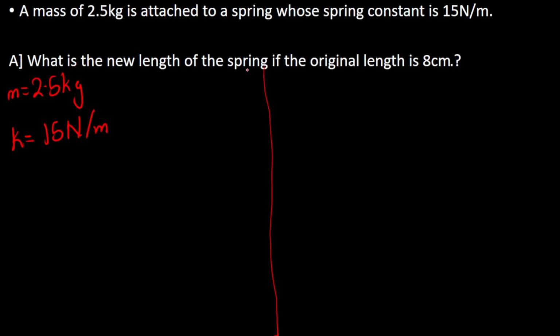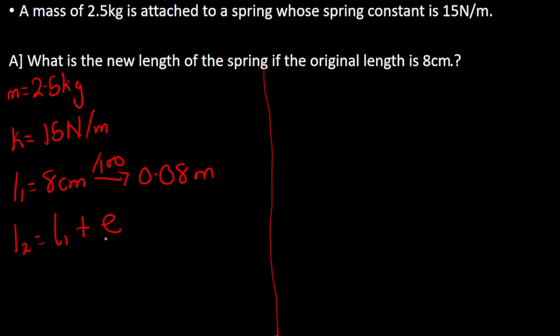What is the new length of the spring if the original length is 8 centimeters? So original length is L1, which is 8 centimeters. We convert this to meter by dividing by 100 to be 0.08 meter. Okay, what is the new length? So L2 is L1 plus E. So it means that we have to find our E first.